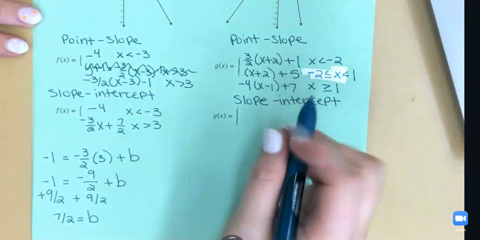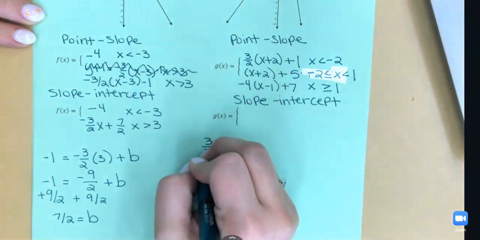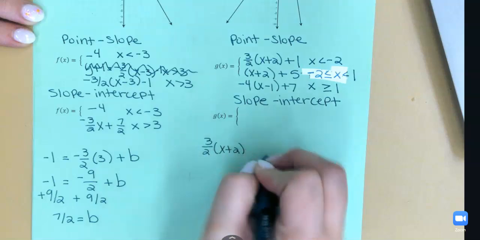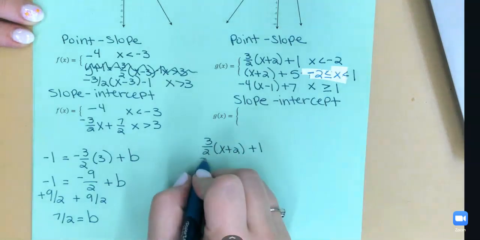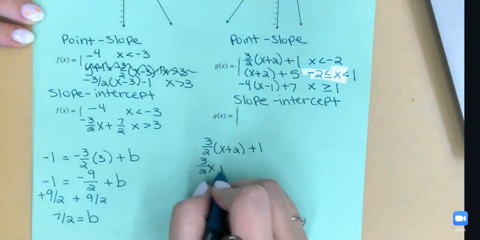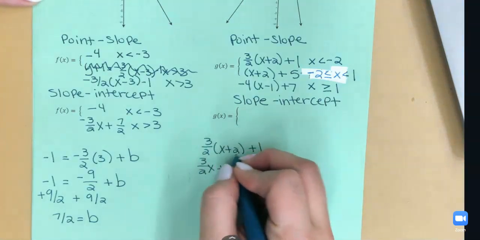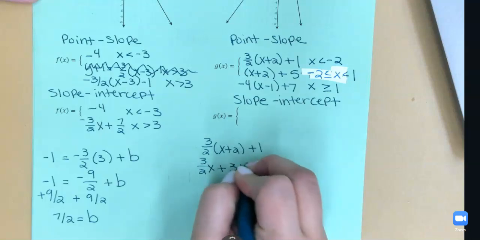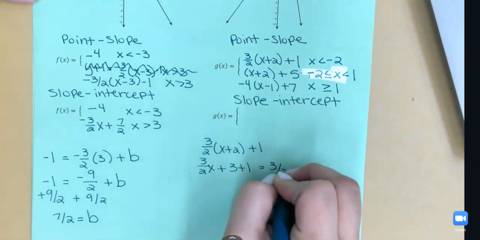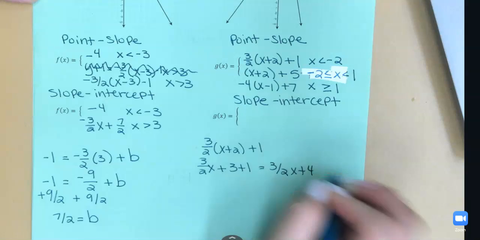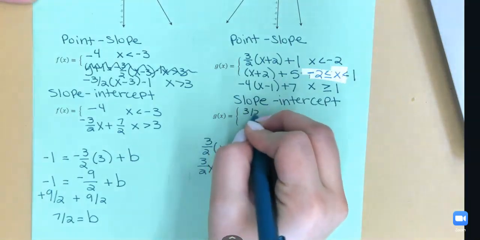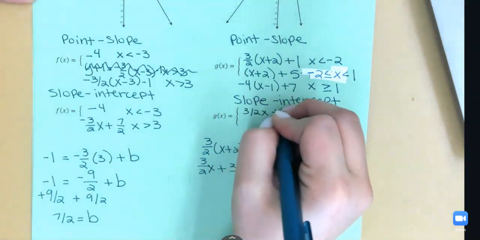So for my point slope form on the first one, I'm going to distribute that out. I get 3 over 2x plus 3 over 2 times 2 is 3 plus 1. I'm going to have 3 over 2x plus 4. So there's my first equation in slope-intercept form.